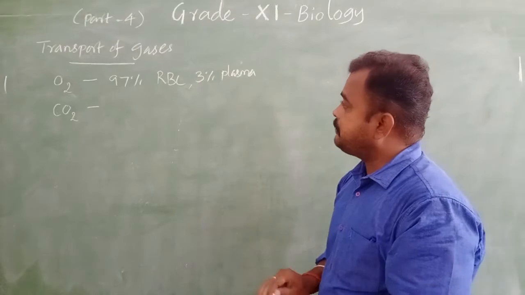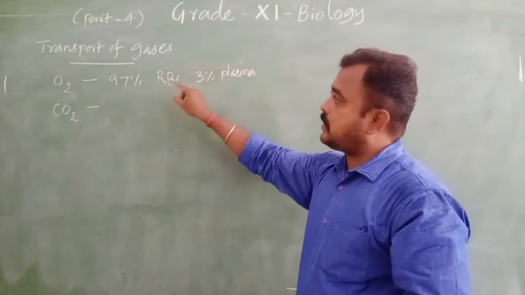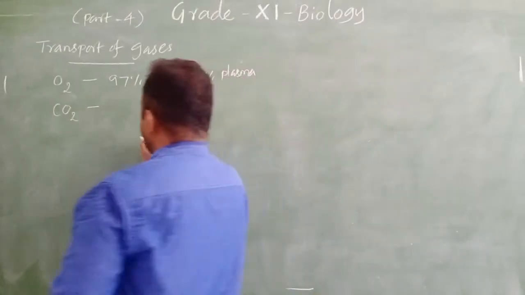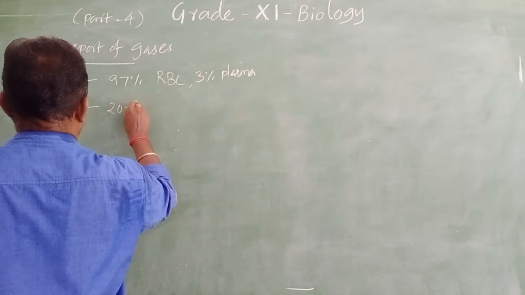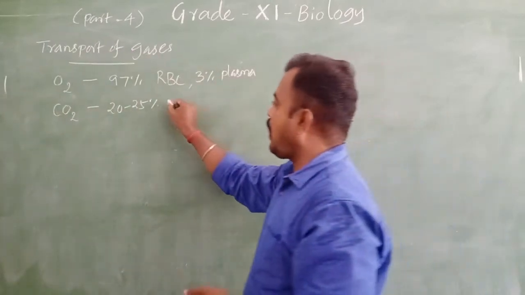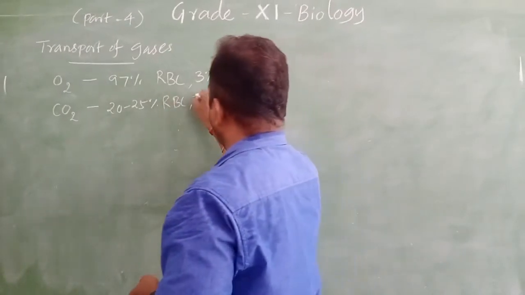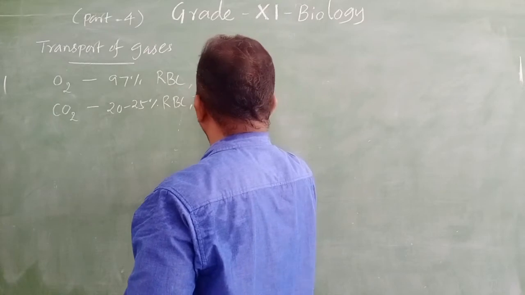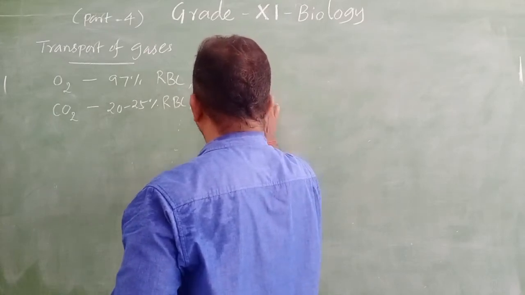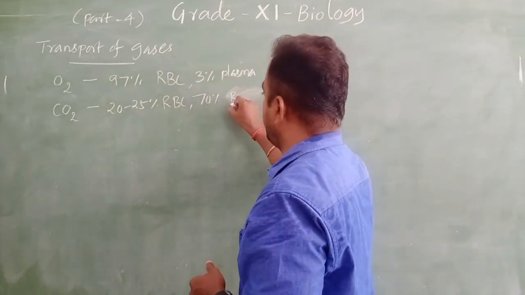The next, carbon dioxide transport. How? 20 to 25% is transported by RBC. Then 70% is transported as bicarbonate.